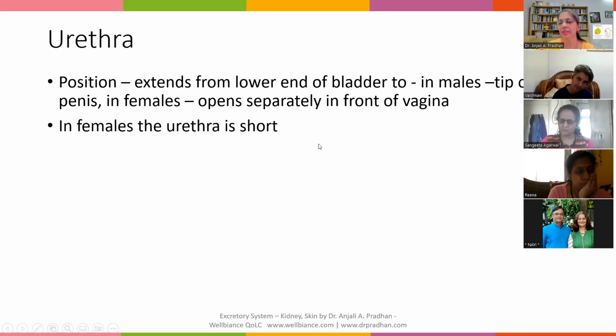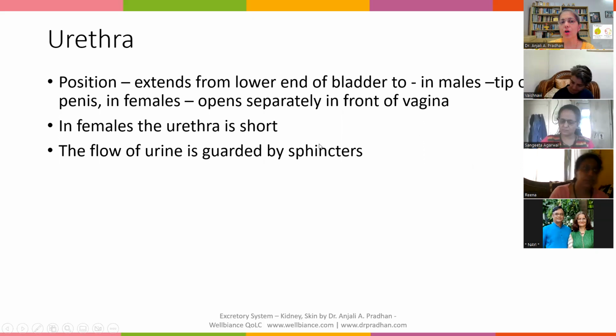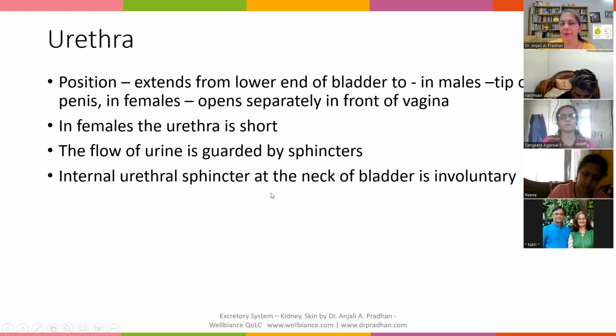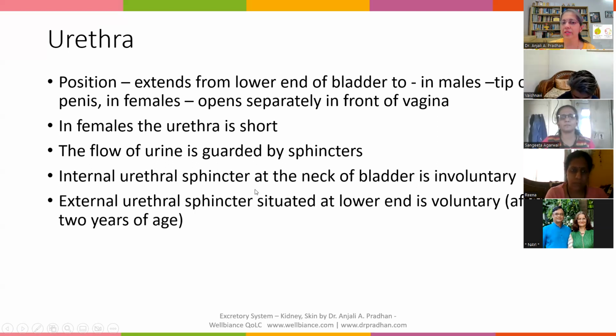Female urethra is short. Flow of urine is guarded by sphincters. Correct. Internal sphincter at the neck of the bladder is under parasympathetic nerves, involuntary. And external urethral sphincter situated at the lower end is voluntary. And generally, this control is gained after the age of 2.